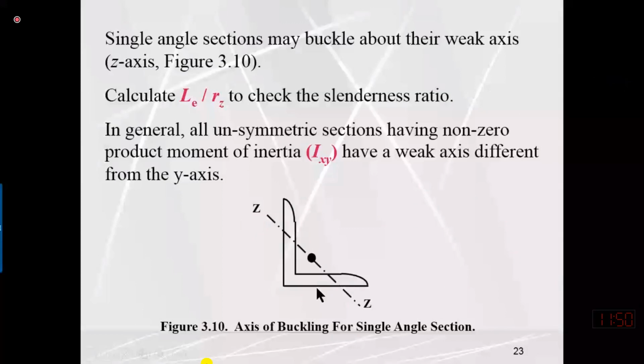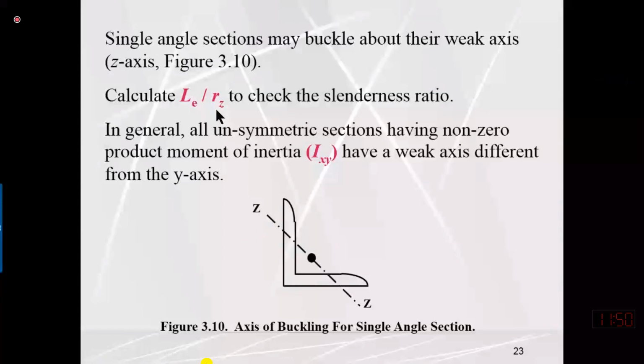So our rz value is given in the section properties table provided by AISC. So in case of single angle, overall slenderness ratio may be computed by effective length divided by rz, because rz is the r minimum for the case of single angle.